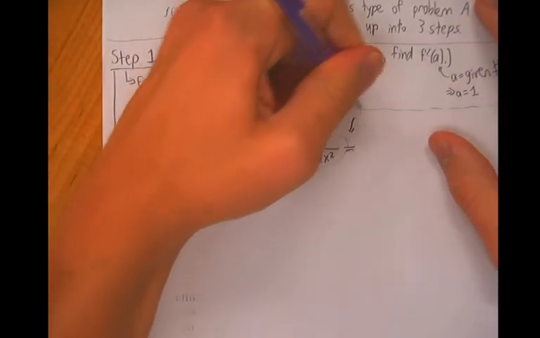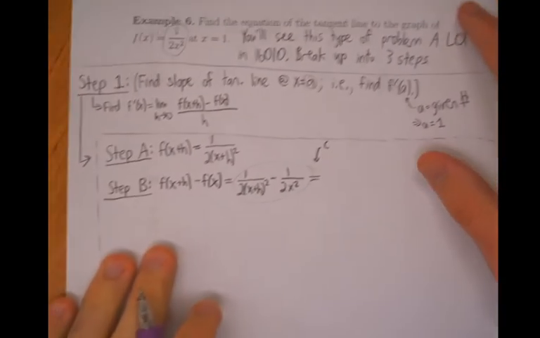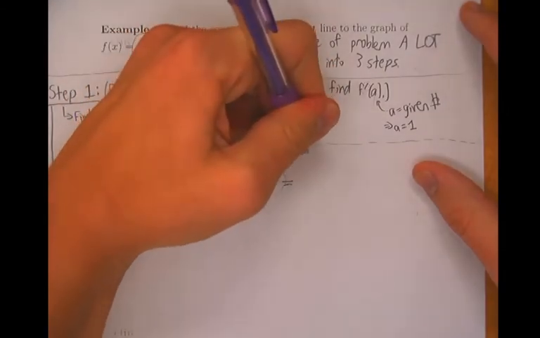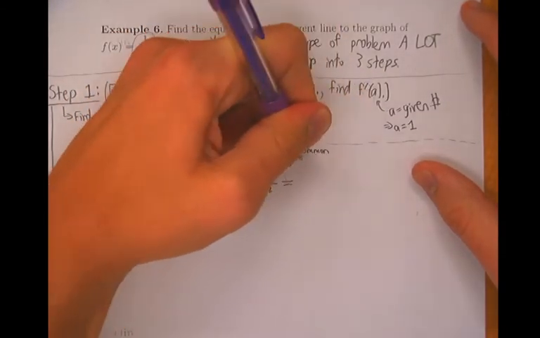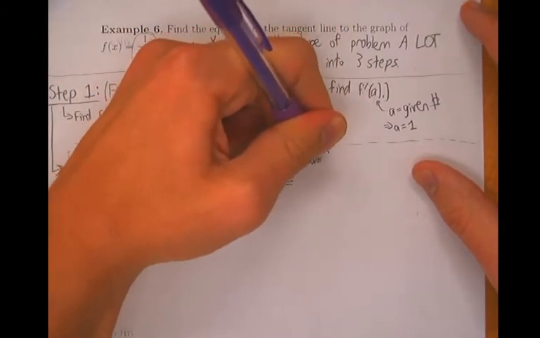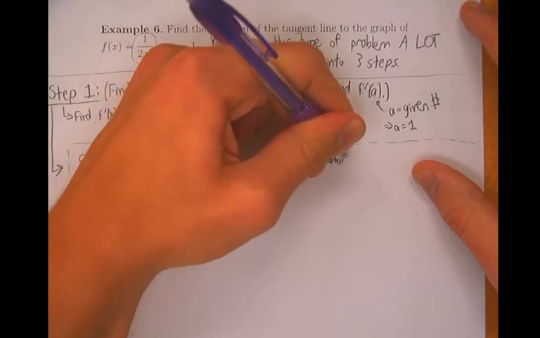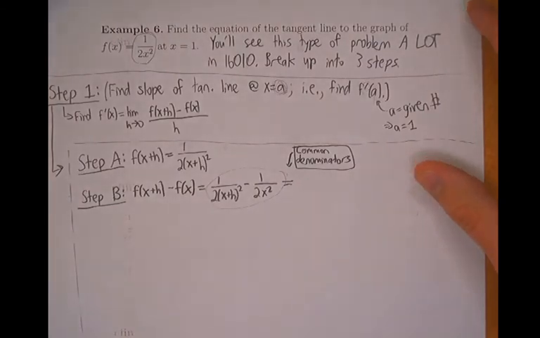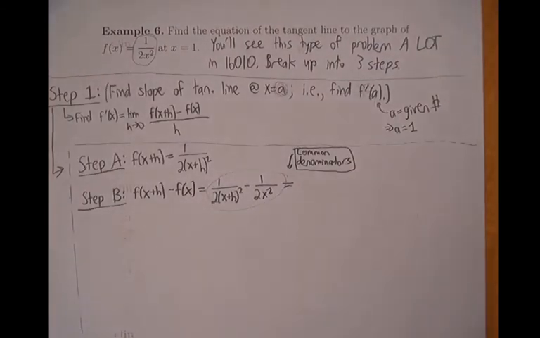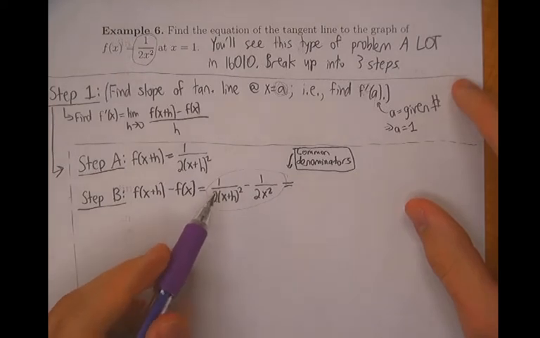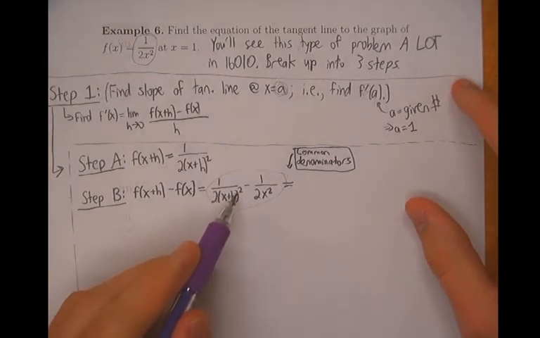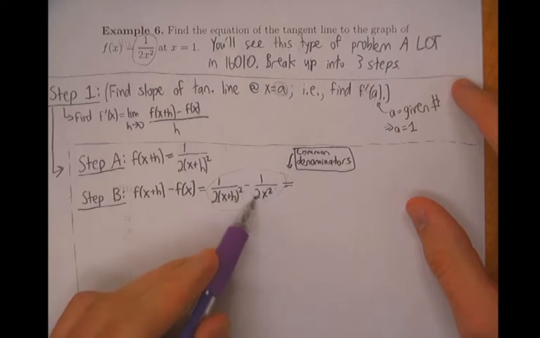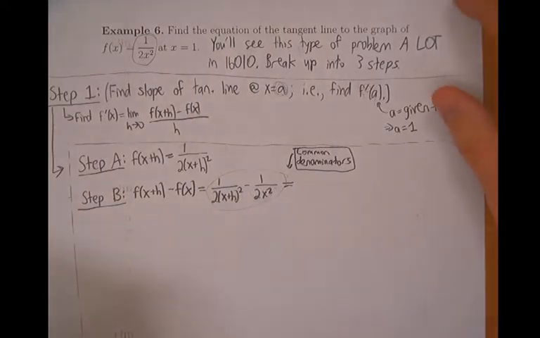So common denominators. Okay. So if we were to use common denominators, that means we need to say, all right, well, what factors does the denominator of the first fraction have that the other fraction does not, and vice versa?